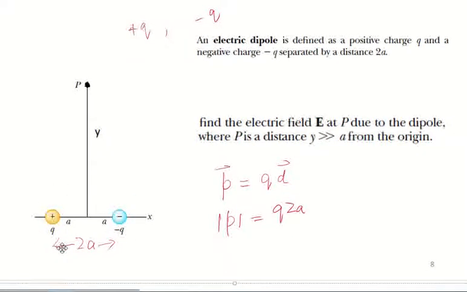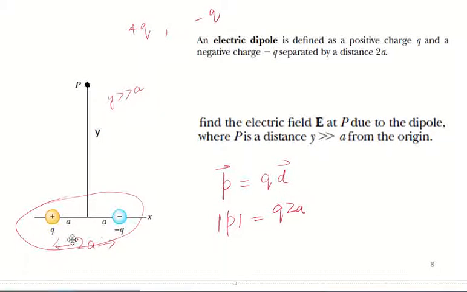Although they are separated by some distance 2a, we will consider them one entity, and we will determine the electric field due to this dipole at a point P at a distance y, where y is much greater than a, the half distance between these two charges.